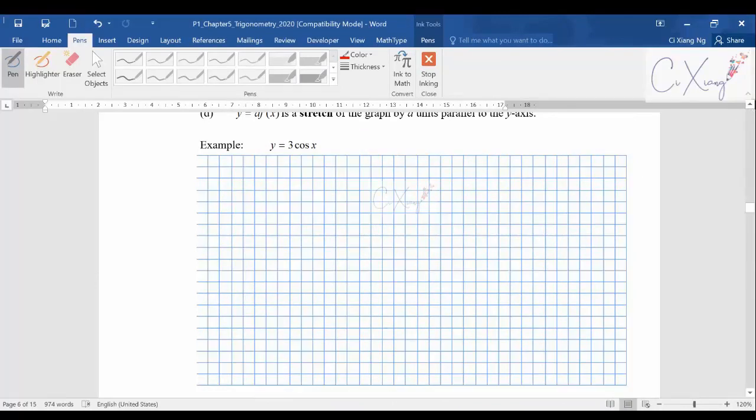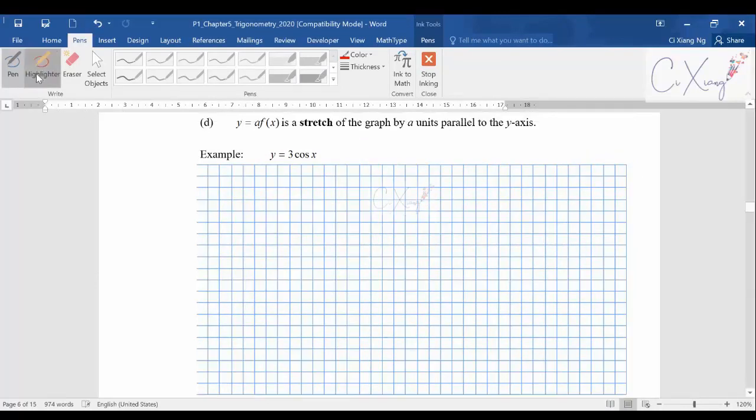So now, let's say you have A, which is a stretch of the graph by A units parallel to the y-axis, or in the y direction, when you multiply the A outside the basic function. So when you have the A outside the basic function, the value of y will be affected. The value of x will not be affected.